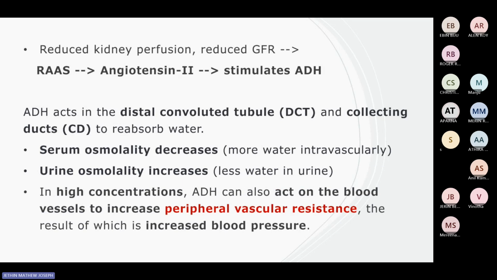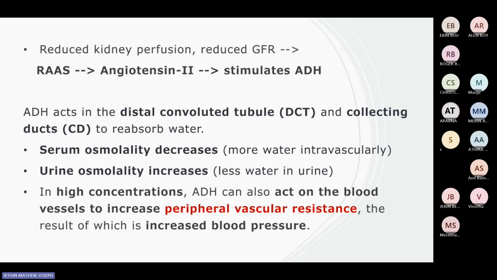When there is reduced kidney perfusion, the GFR is also reduced, and this will stimulate the renin-angiotensin aldosterone system, and this will also stimulate ADH. So all these causes of hypovolemia and increased plasma osmolality can stimulate ADH release. So what does ADH do? ADH acts at the kidney. It acts at the DCT and the collecting duct to reabsorb water.